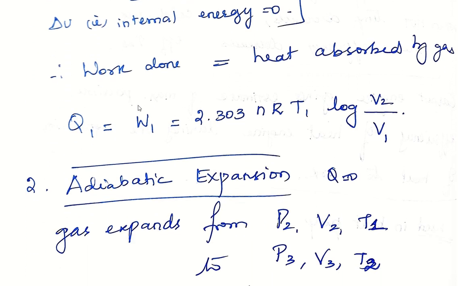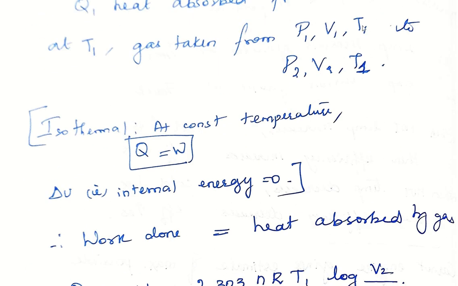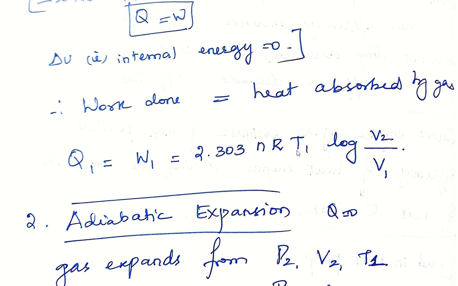We have already derived the equation for work done in isothermal expansion: W equals 2.303 n R T1 log of V2 by V1, because the temperature in this isothermal expansion is maintained at T1.